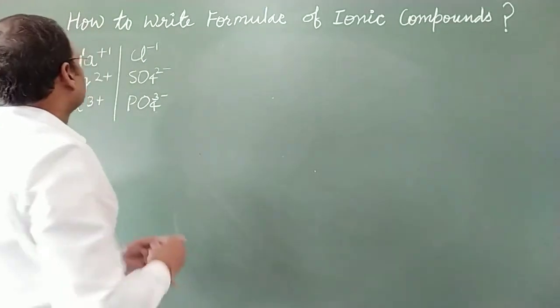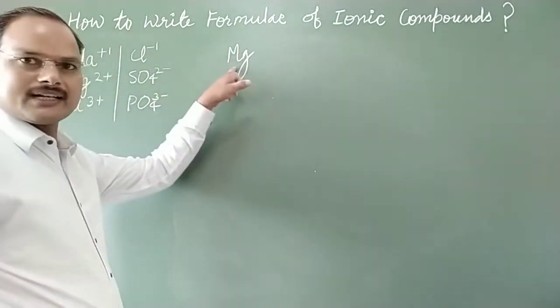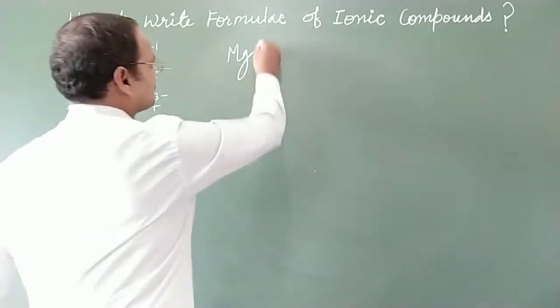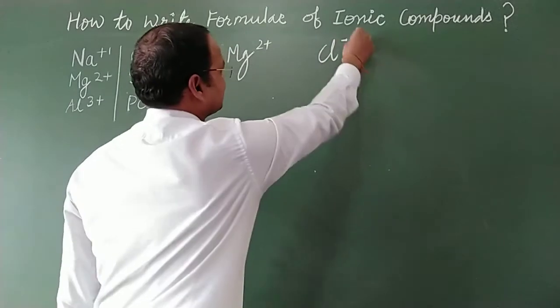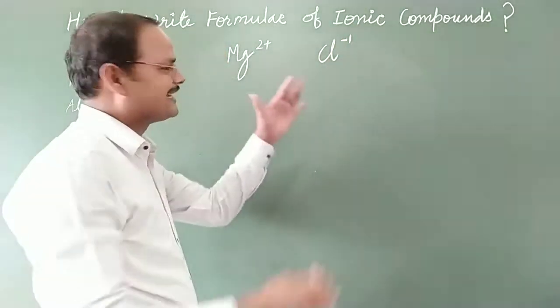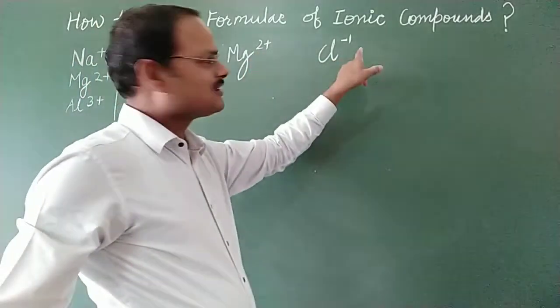See here, in place of sodium, I am using magnesium. So Mg2 positive, and again take the negative ion Cl1 negative and interchange their valencies. Write this 1 here, write this 2 here.